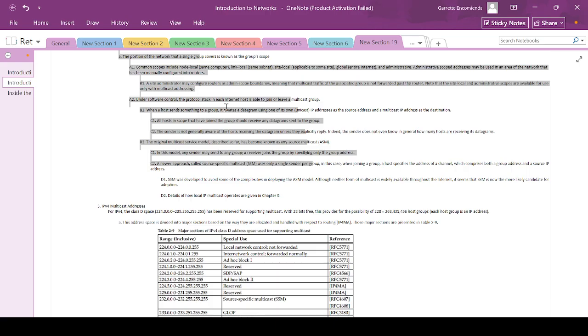Under software control, the protocol stack in each internet host is able to join or leave a multicast group.